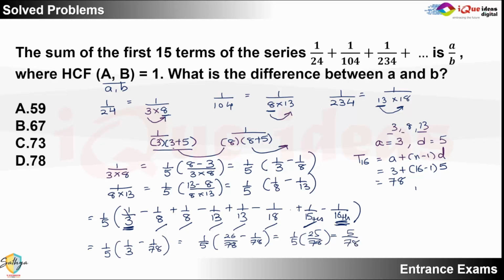So if I get 5 as the value of a and 78 as the value of b, because that is the answer to the summation, then the difference between a and b is the difference between 5 and 78, which is equal to 73. So 73 is the answer which I'm supposed to mark for this particular example.